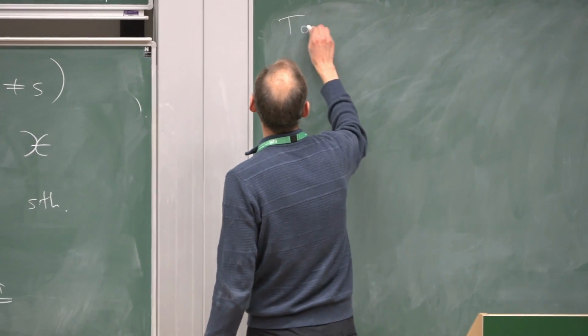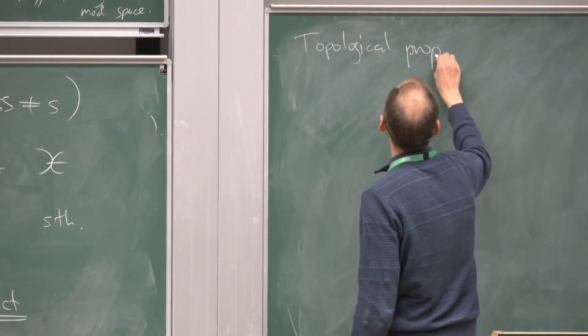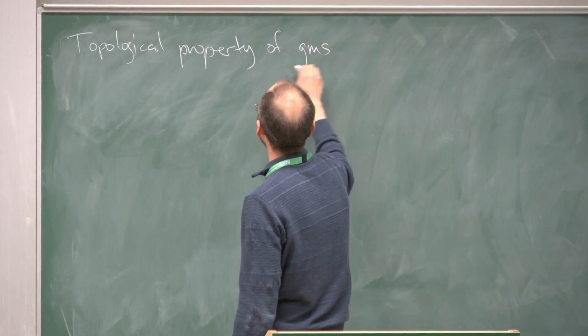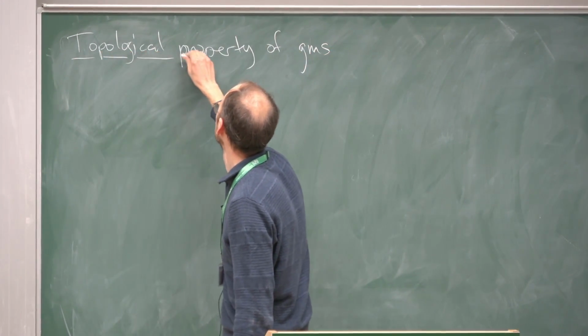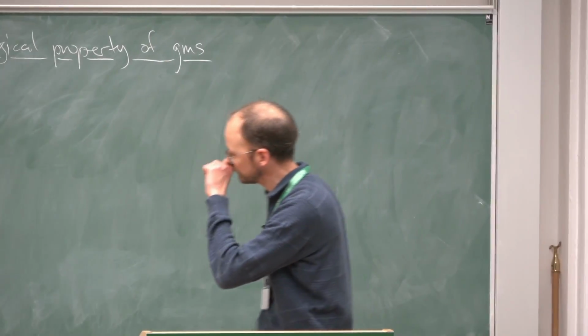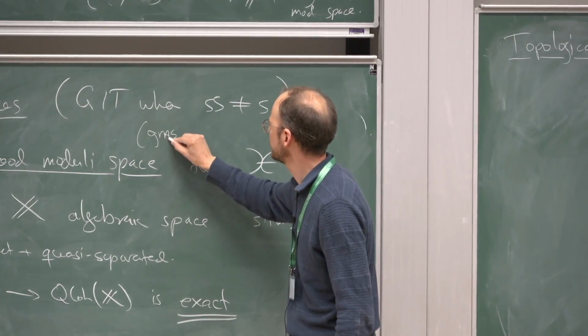So I will usually abbreviate good moduli spaces by GMS, and coarse moduli spaces by CMS.